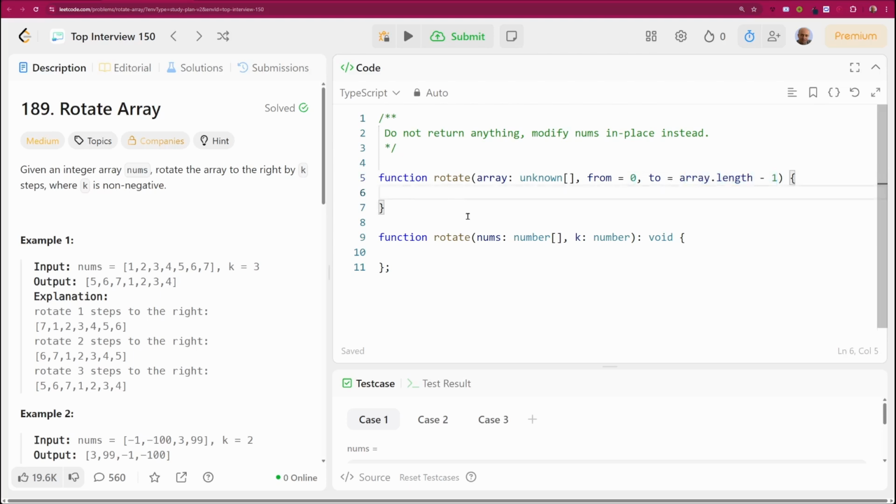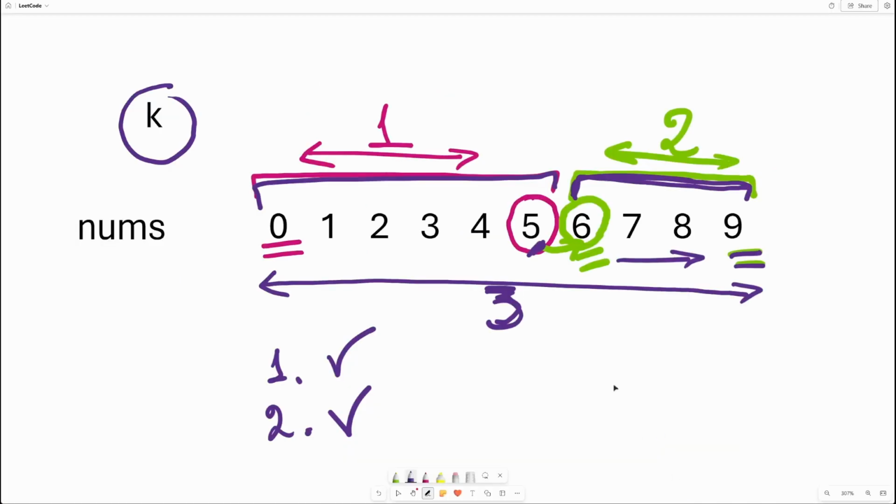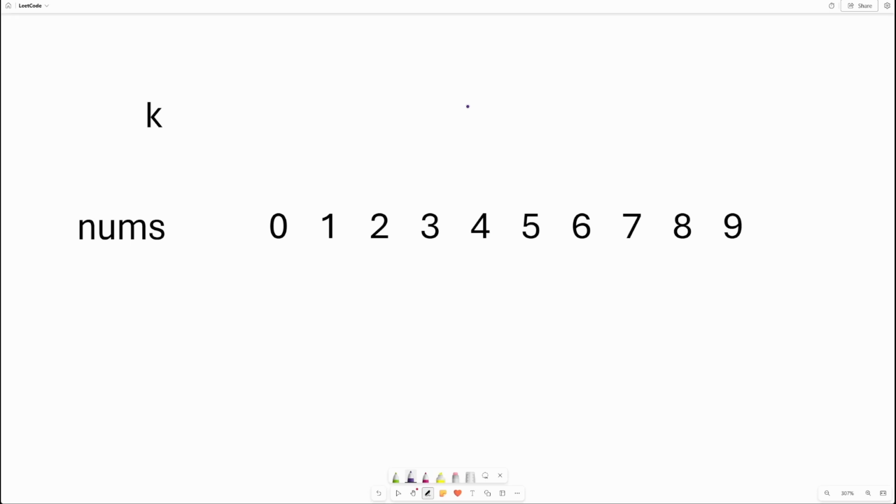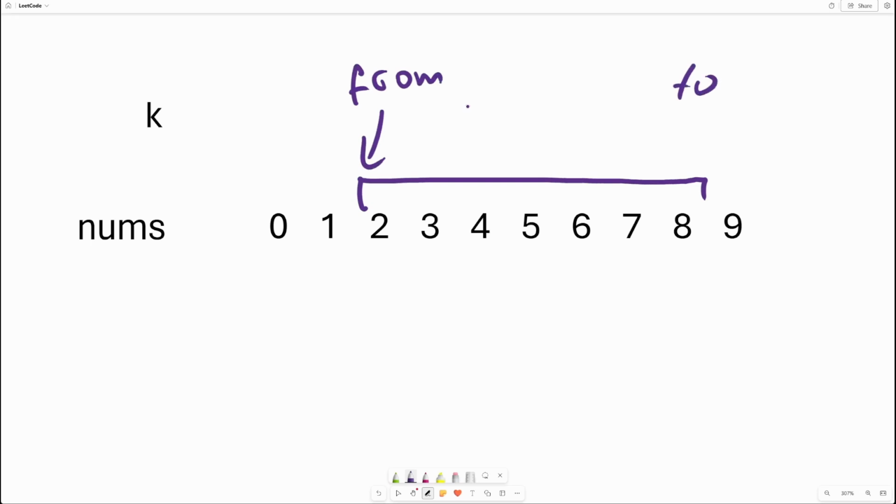Now, how are we going to rotate it? Let's think about this for a second. Let's say we are rotating this part of an array. So here the index of this is from, and this is to.